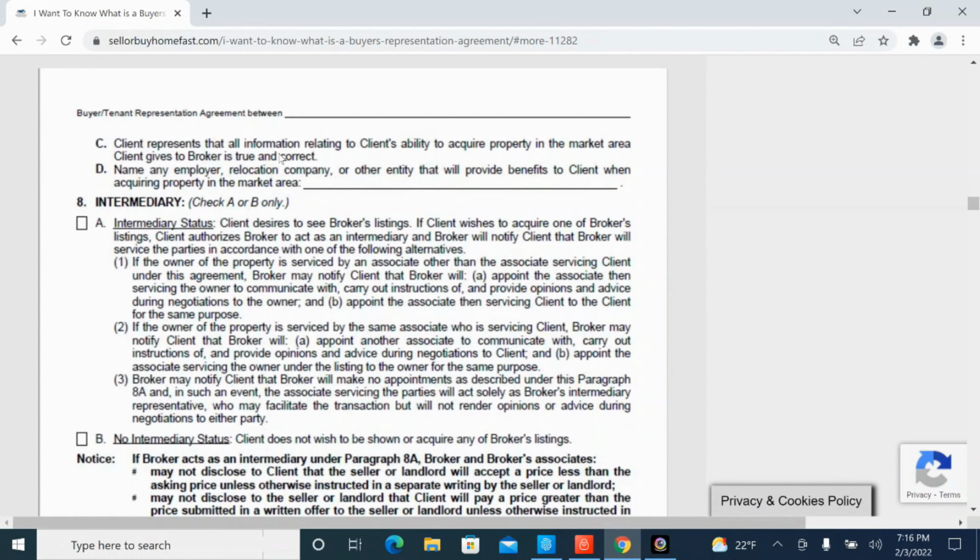Now, if you do not want to be put in an intermediary status, then B would be checked.